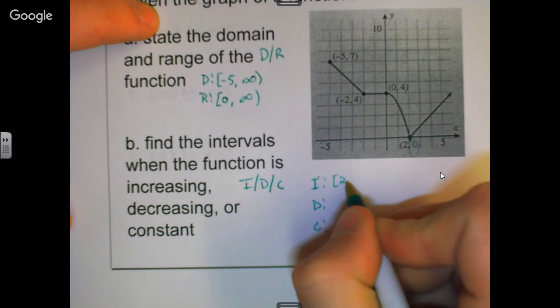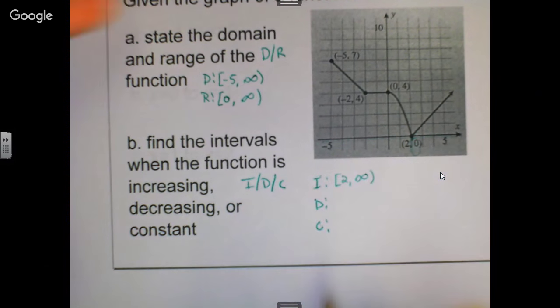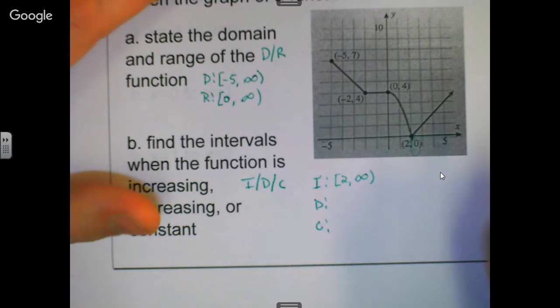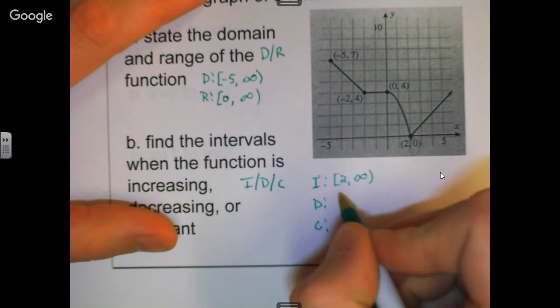So from 2 to infinity, we have a positive slope, and it's not increasing anywhere else. When is it decreasing? From here to here it's decreasing. So it's -5 to -2, union, and then it's decreasing from 0 to 2.